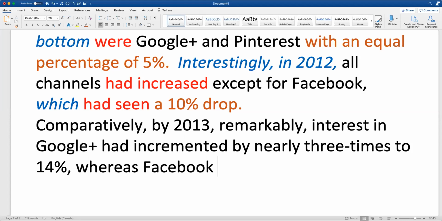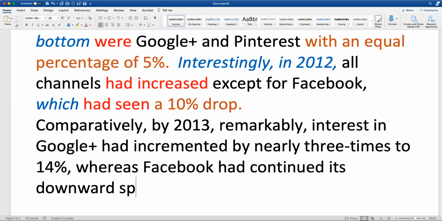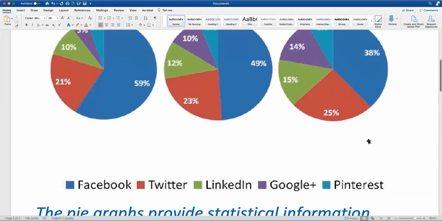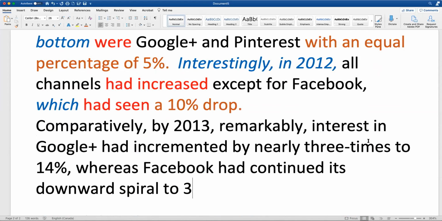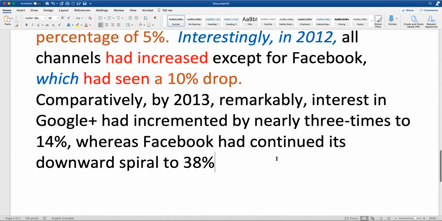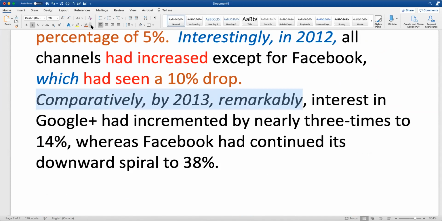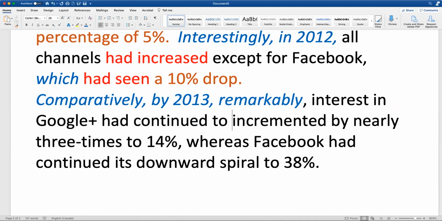Facebook had continued its downward spiral to 38%. Okay. Comparatively by 2013, remarkably. That is our structural connection. Interest in Google Plus had incremented. Well, let's put here had continued to increment.